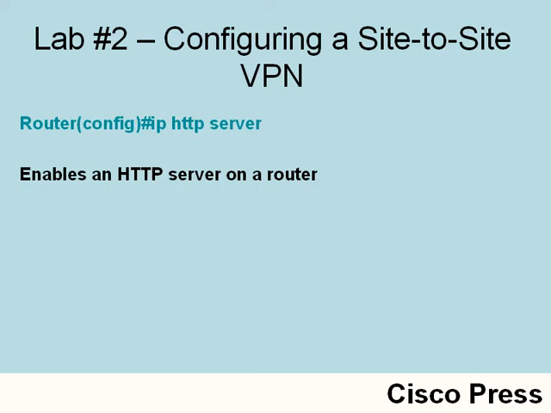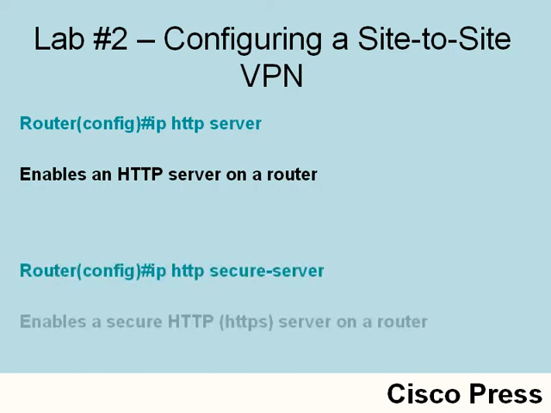This enables the web service on the router. However, we probably want to connect using HTTPS. In order to enable secure HTTP access to this router, we will probably enter ip http secure-server. We give this command in addition to the previous command.